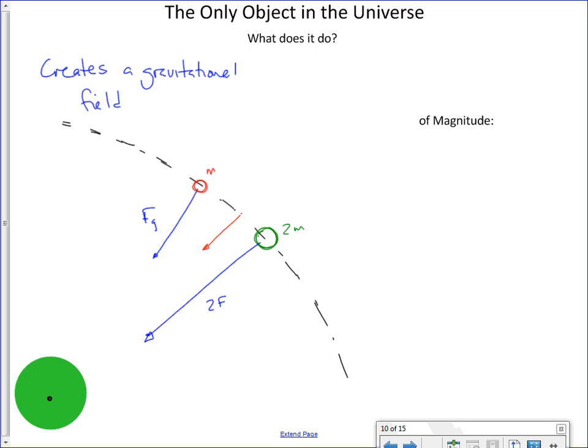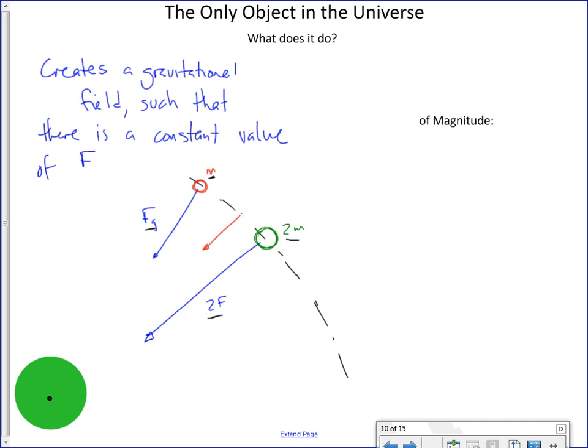All right? But notice, we have this much mass experiences that much force. Twice as much mass experiences twice as much force. But there's something that's the same about that. And what's the same is this, such that there is a constant value of force per unit mass, right?